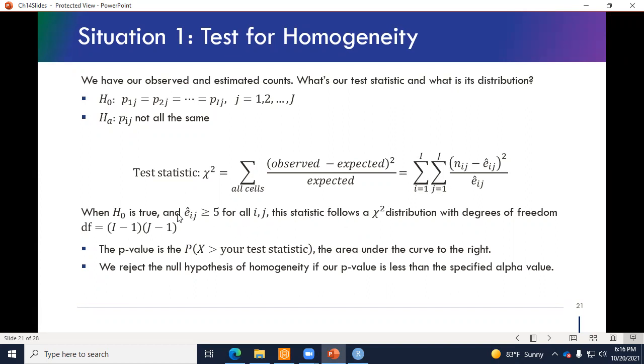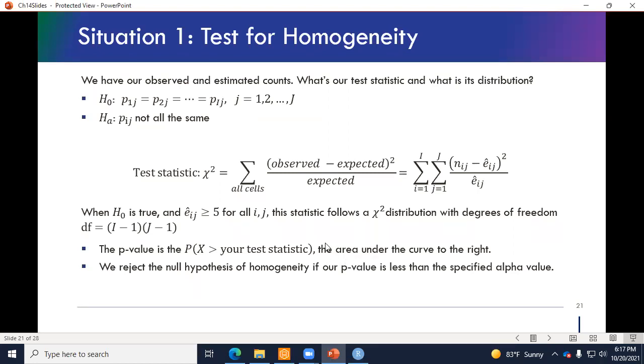And now what is the degrees of freedom? We still have this chi-square, and we need to determine the degrees of freedom, which is I minus 1 times J minus 1. Once we get the distribution for your test statistic, we get back to the route of hypothesis testing. We do the p-value just the same as before.